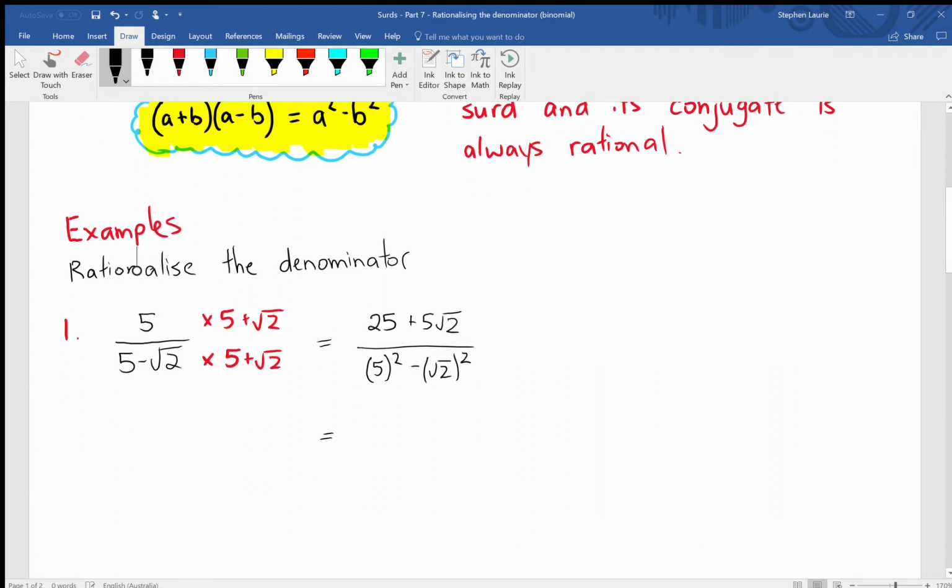Now, there's nothing we can do on the top. We're just going to leave that as it is. But on the bottom, we get 5 squared is 25, and root 2 times itself is just 2. And we can see that we now get a rational denominator, not a surd in sight. And there is our final answer: 25 plus 5 root 2 all over 23.